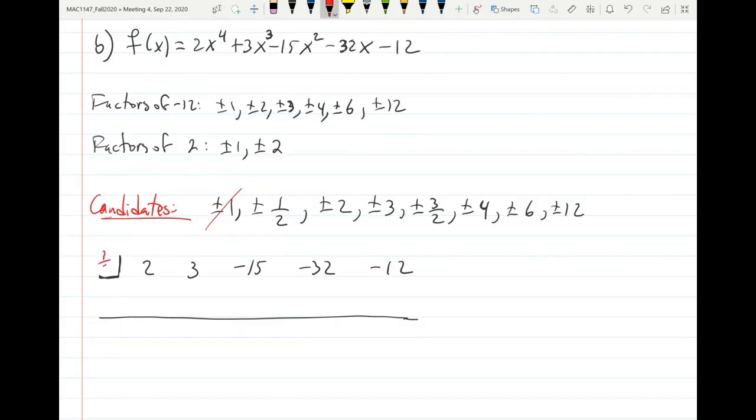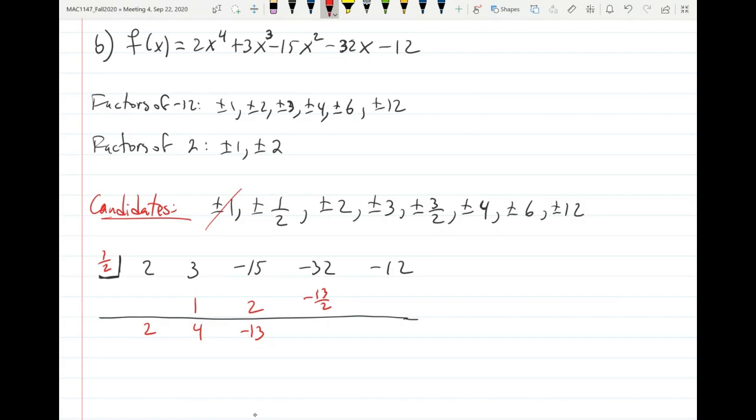So let's try with 1/2. All right, so we put 2 here, times 1/2, that's 1. So we get 4 times 1/2, that's 2. So here we get -13 times 1/2. We're gonna get -13 over 2. And then what do we get here? So -32 minus 13 over 2.